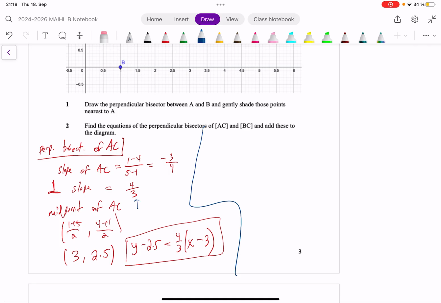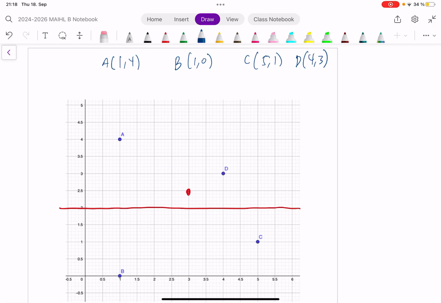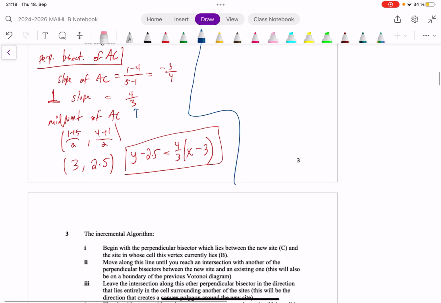So I go up 4, right 3. So I go up 4, but remembering each of these is a half. So up 4 would be 6.5, but that's too far to go up. So I could do up 4, right 3, but I could also do up 2, right 1.5.